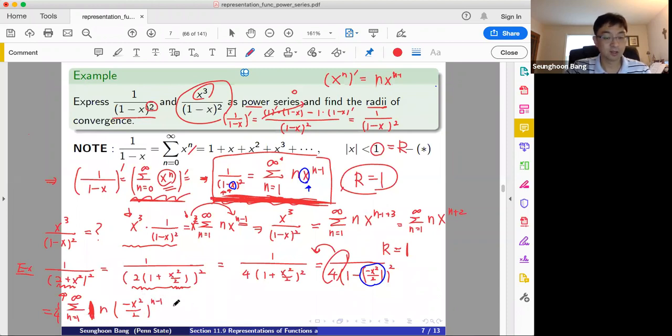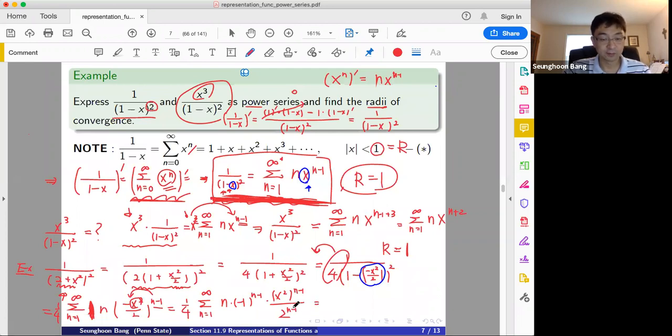So we have 1 over 4 times the summation n equals 1 to infinity of n times, distributing the power n minus 1, negative 1 to the power n minus 1 times x squared to the power n minus 1 over 2 to the power n minus 1.